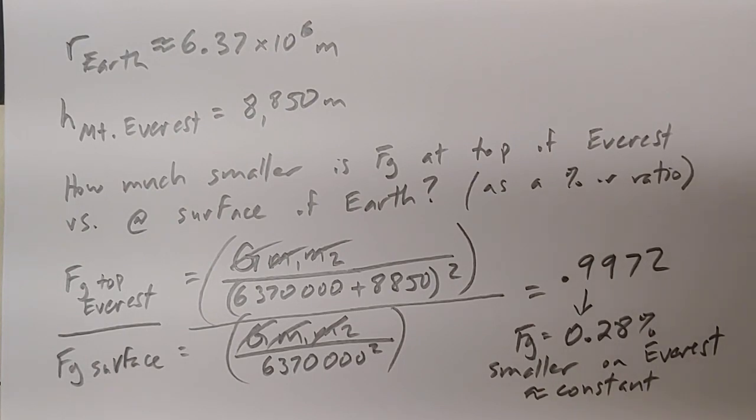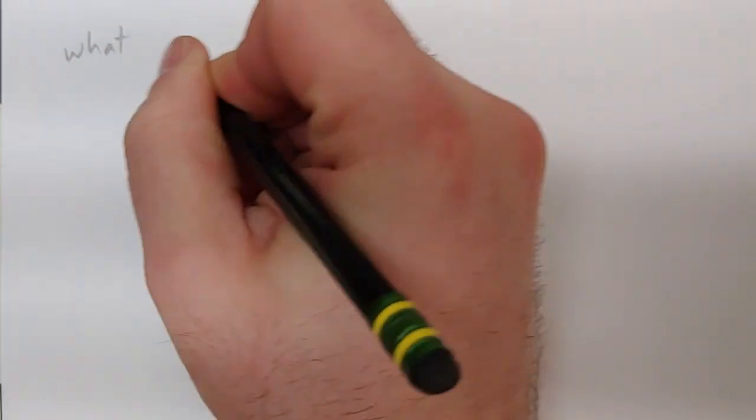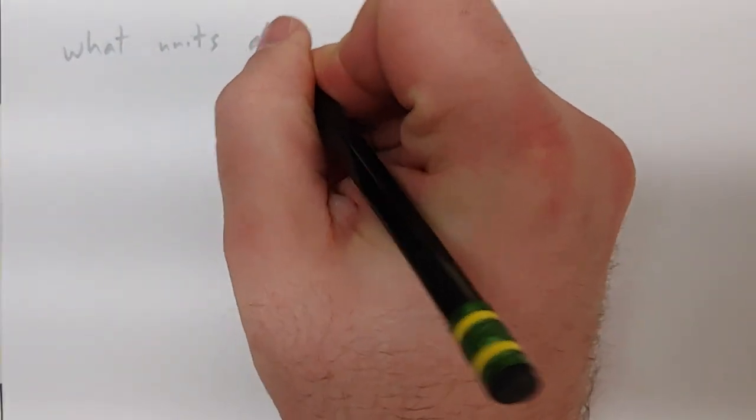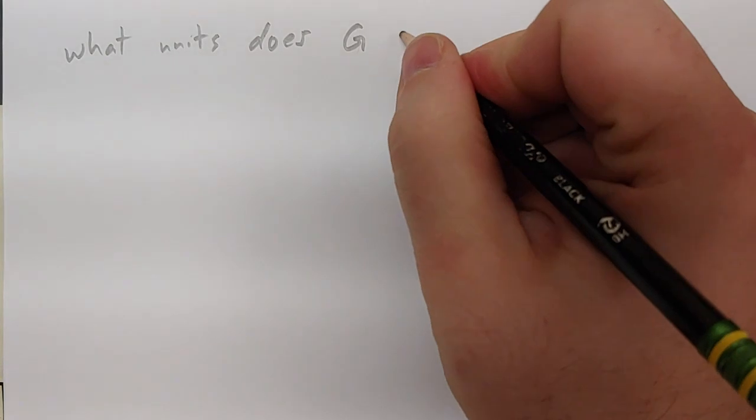The next thing that we should actually do is figure out what G is. And so the first thing I'd like you to do is to figure out just what the units for G have to be. What units does our big G, our gravitational constant, have to have?